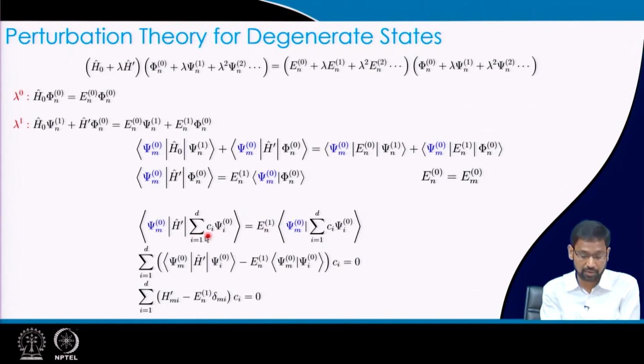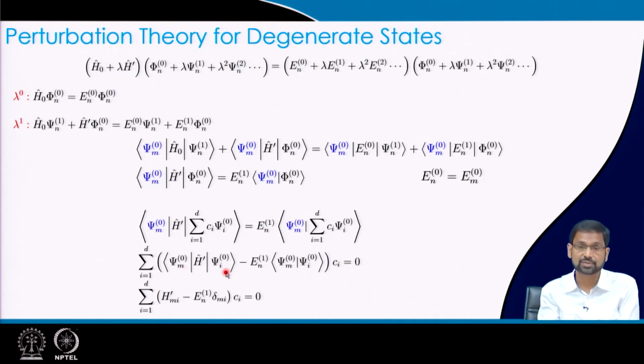Now when I look at this, the left hand side and right hand side both have multiple integrals to be evaluated, because the ket on both sides now has a summation. So I have to evaluate many terms. I rewrite that, taking the summation outside, where i goes from 1 to d, d being the number of degenerate states in my system.